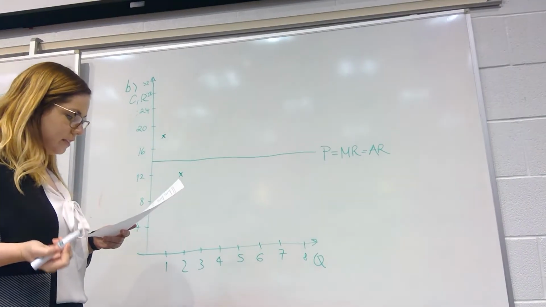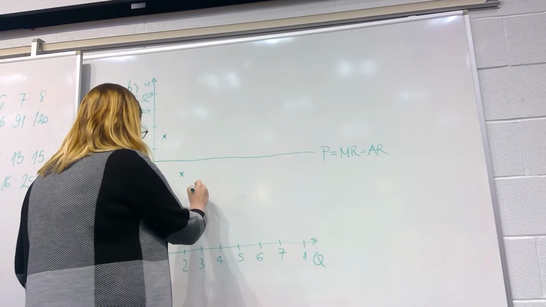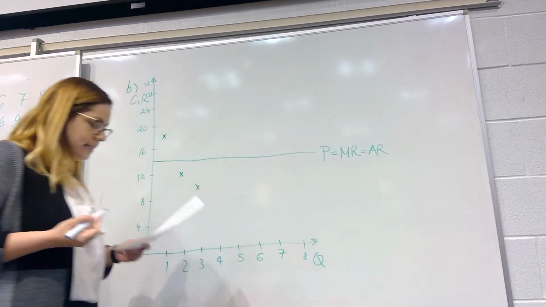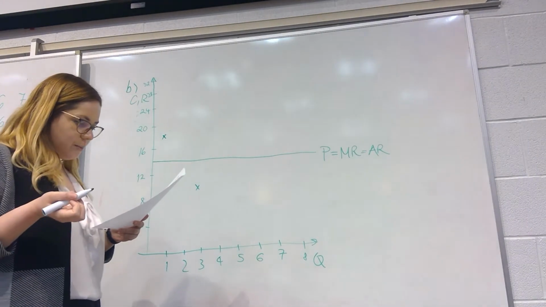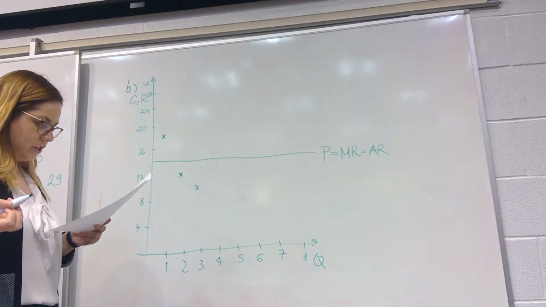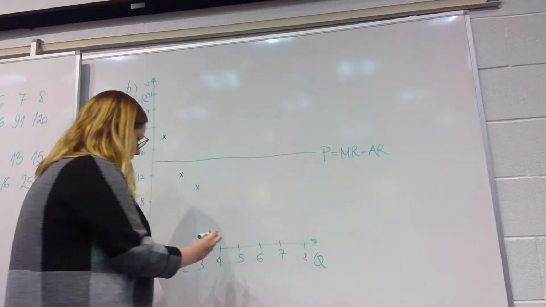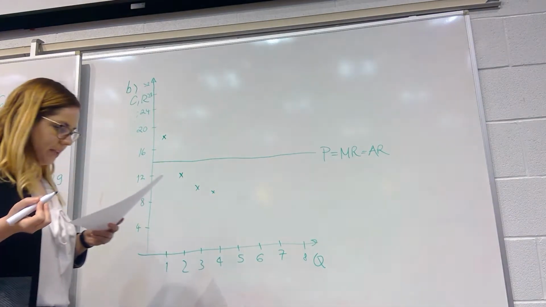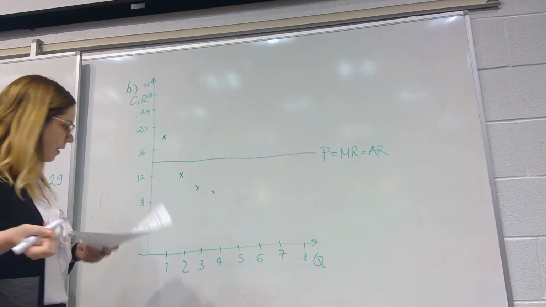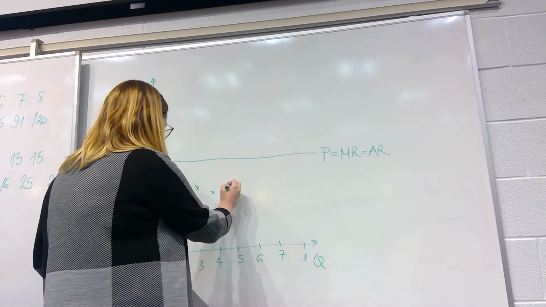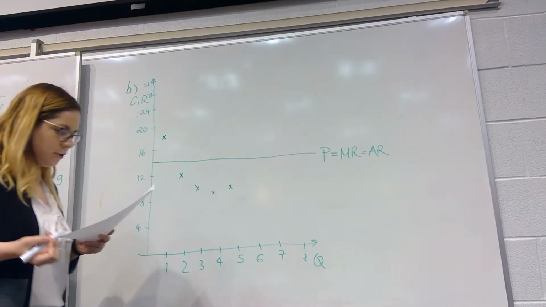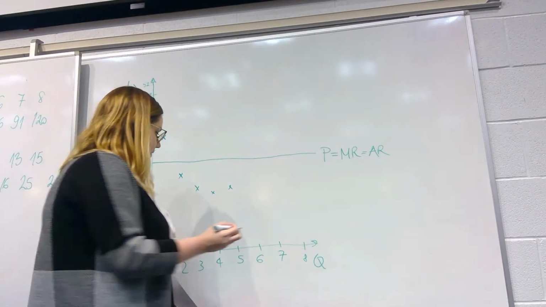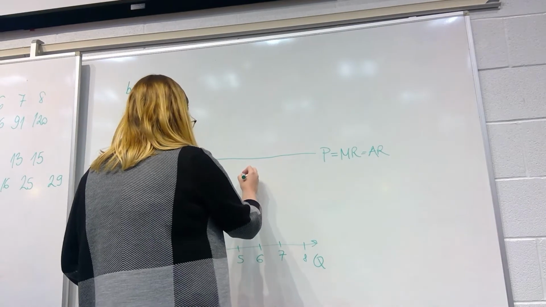If our output is 3, our average costs are 10. So the point is here. If our output is 4, our average costs are 9.5, so just below 10. If output is 5, our average costs are 10 again. If output is 6, our average costs are 11.